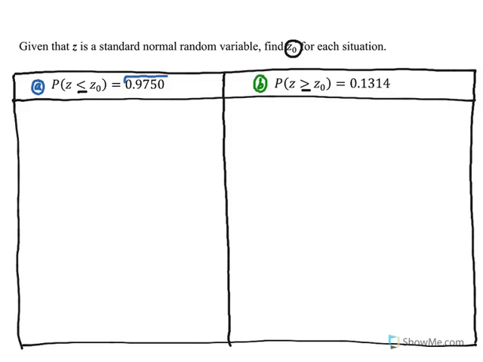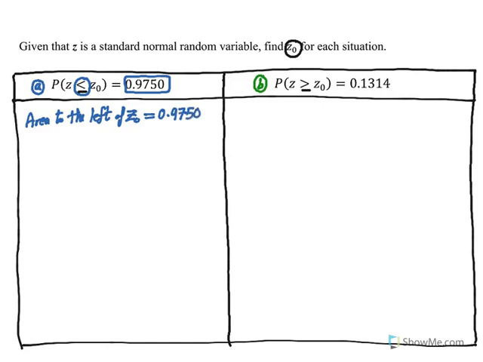is the area here. So notice that the first one is giving you probability of Z less than or equal to Z0. This means it's the area to the left of Z0. So this means that the area to the left of Z0 is 0.9750.